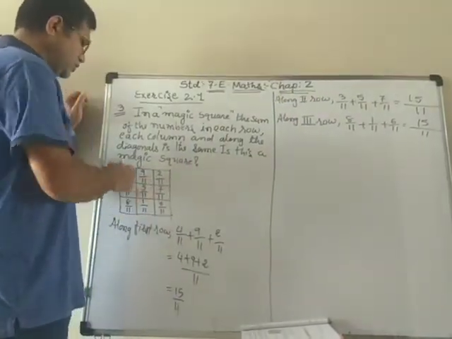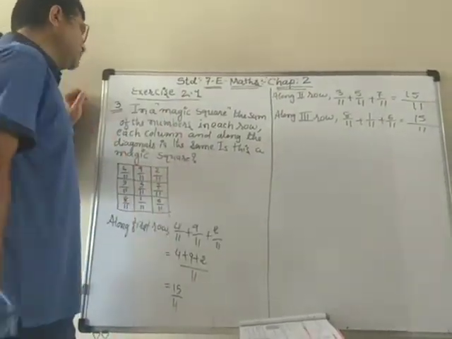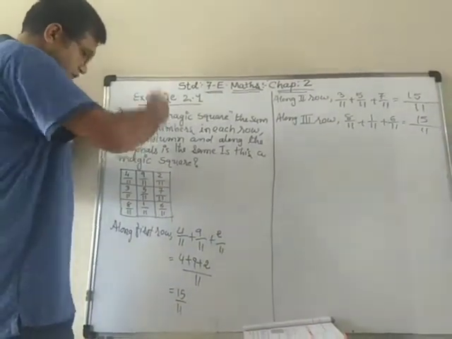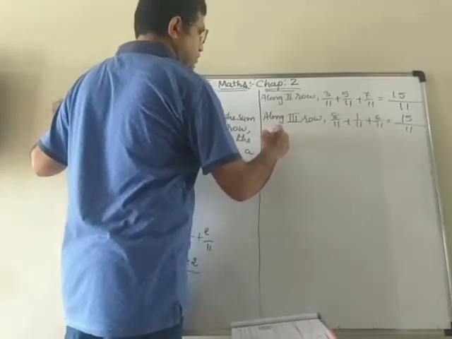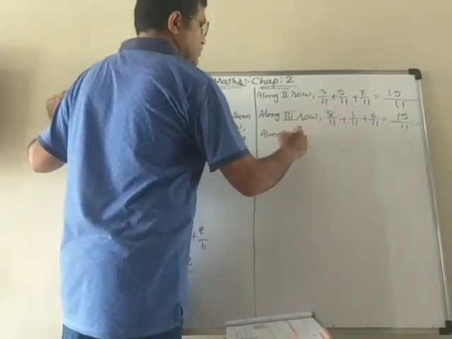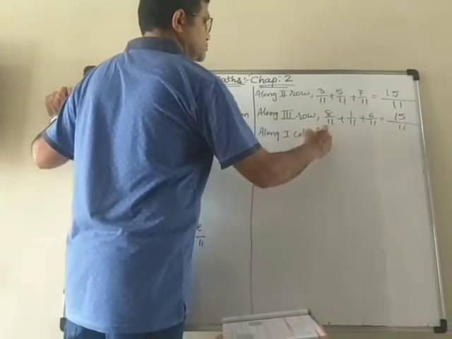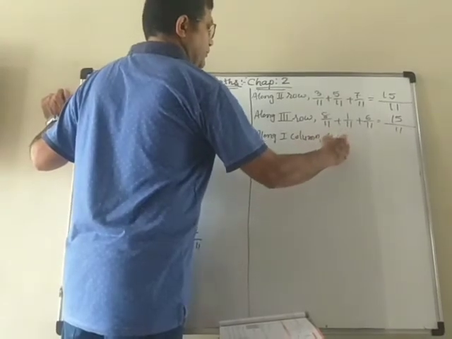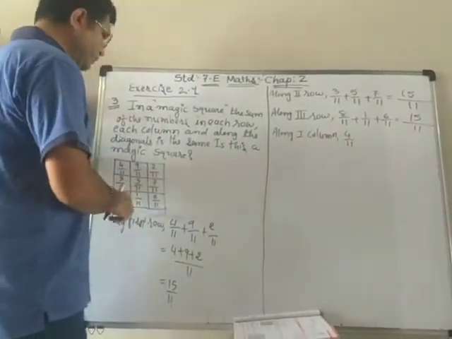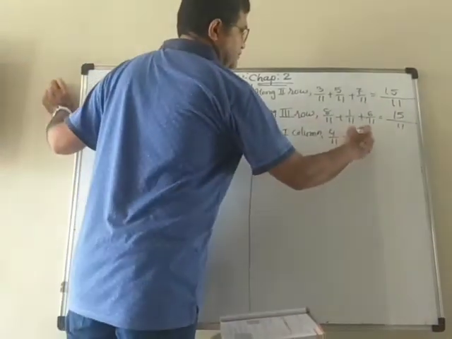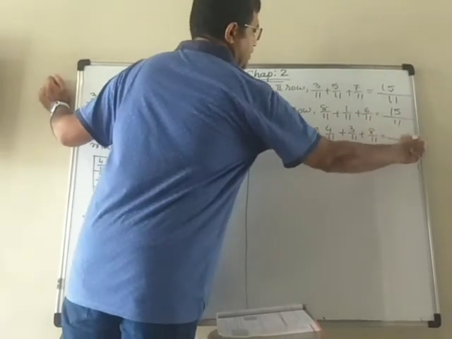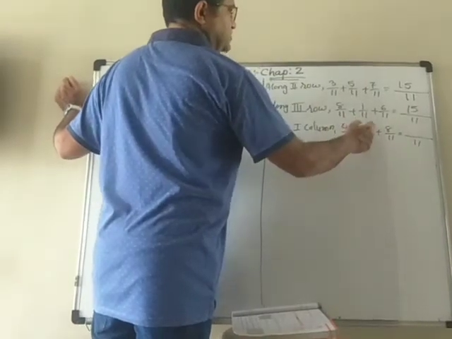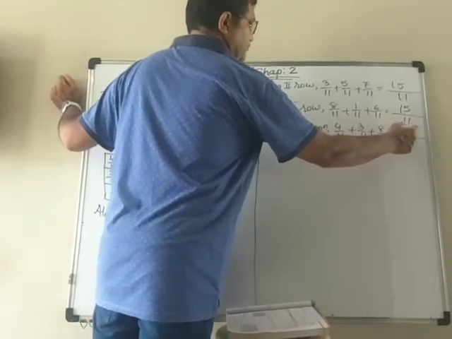Now we will go along the columns. Columns mean the vertical. 4 upon 11 along the first column. So 4 upon 11, 3 upon 11, 8 upon 11. 4 plus 3, 7, 7 plus 8, 15.